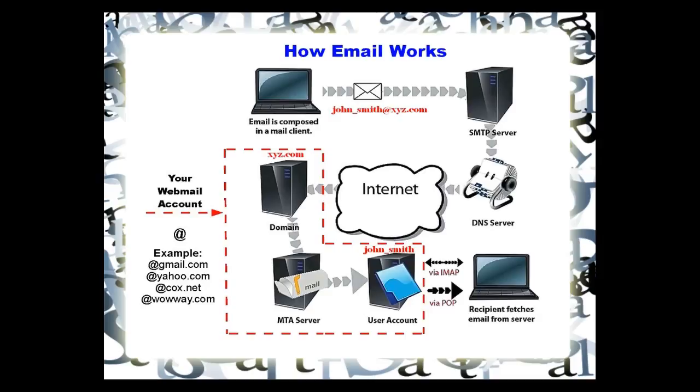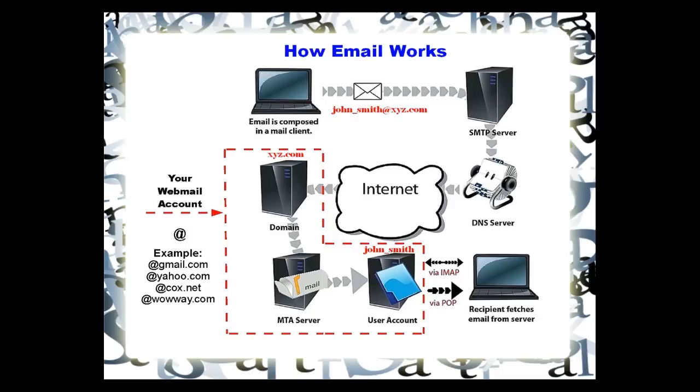And from there it goes to their MTA server, which puts it in a folder for John Smith, and then John Smith contacts that server and asks for his mail via either IMAP or POP. And we will explain that as we go on a little more in depth.